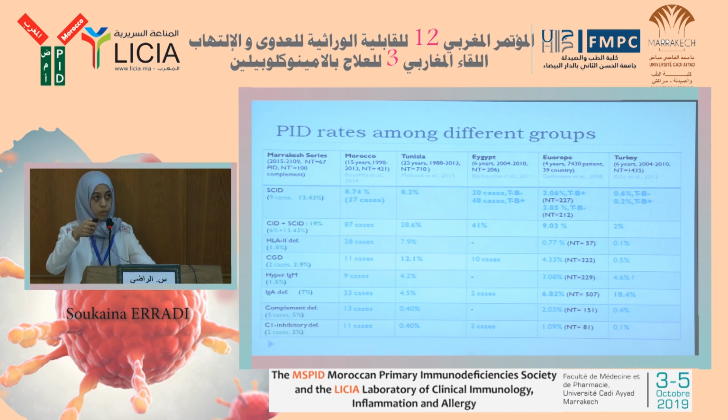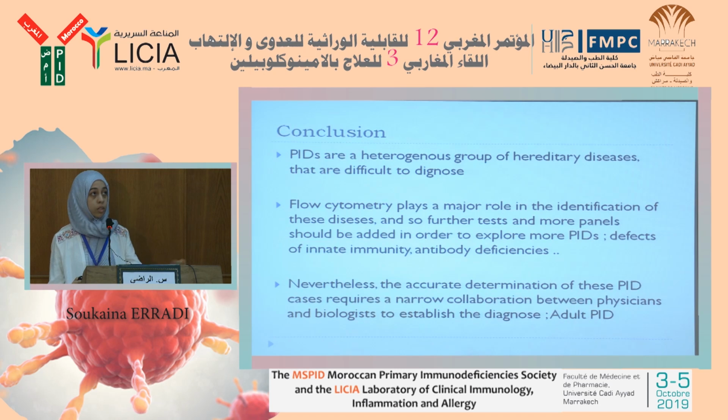The same case was noticed as well in Egypt, 41% of severe combined deficiencies and combined deficiencies. The same thing as well in Europe, and in Turkey it was the opposite, low rates of severe combined deficiencies and a high rate of IgA deficiency.